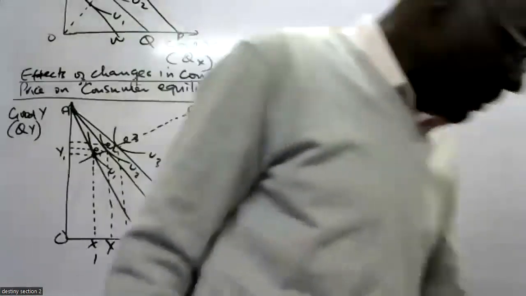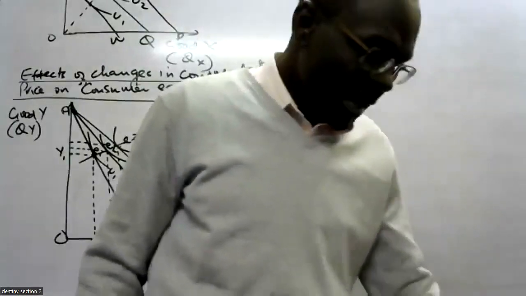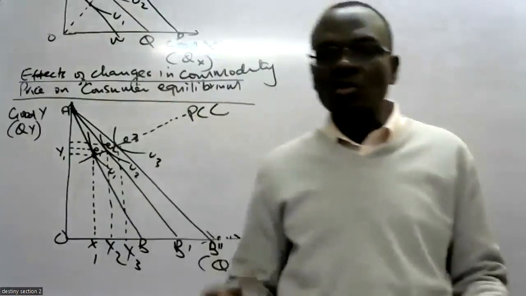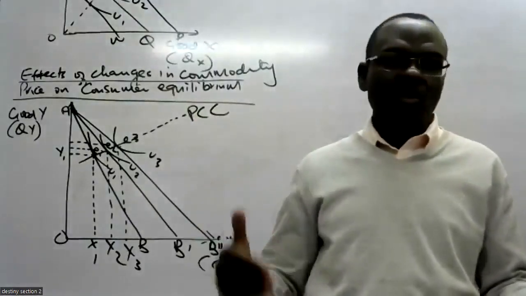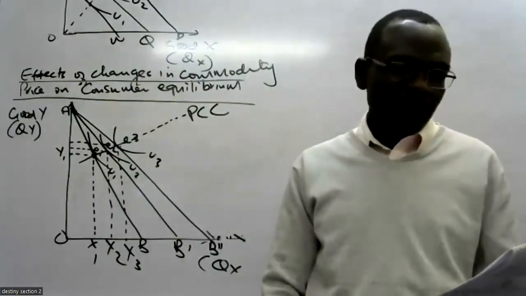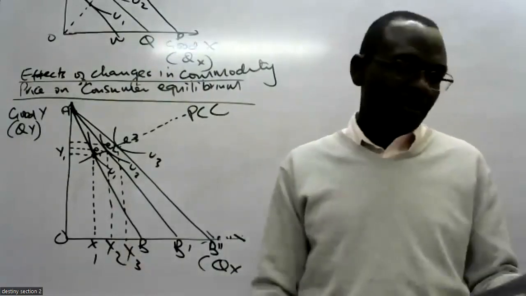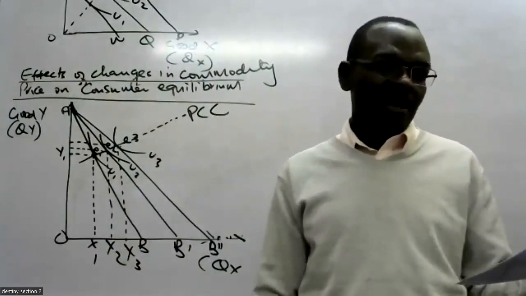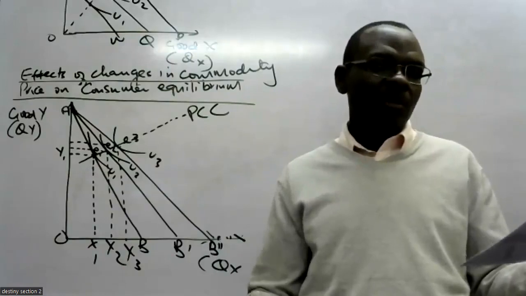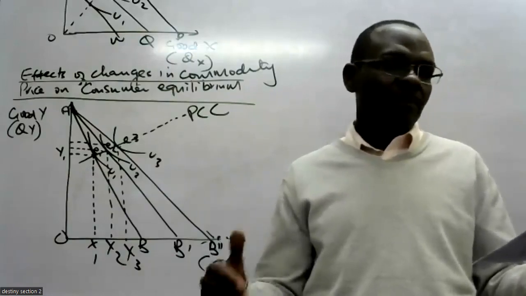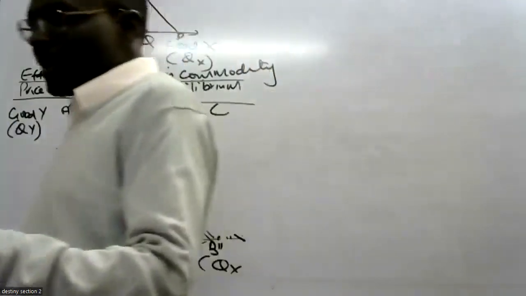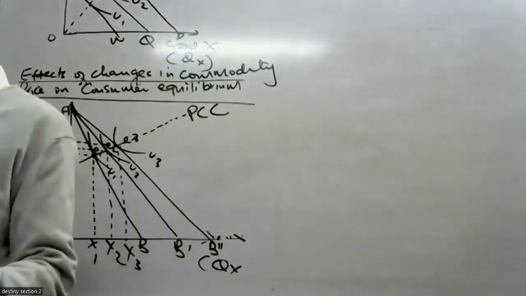So the examiner again asks for a diagrammatic illustration of what changes to the equilibrium point when the price of commodity X falls. Then you have a diagram like that. Suppose that the consumer is consuming two commodities X and Y. The effect of a fall in price of one of the commodities on the consumer's equilibrium is shown below.